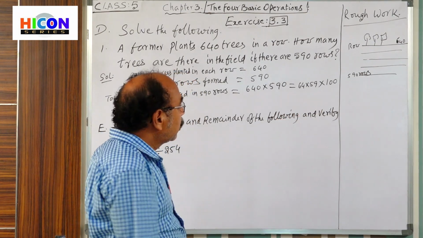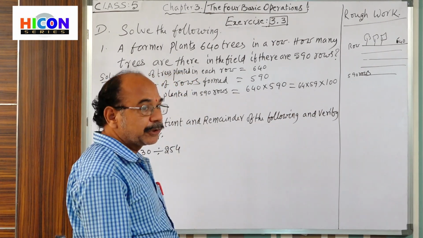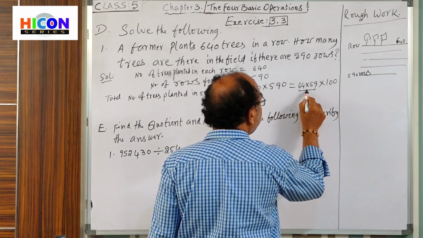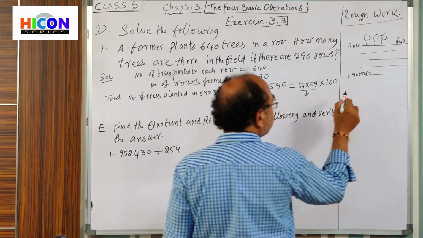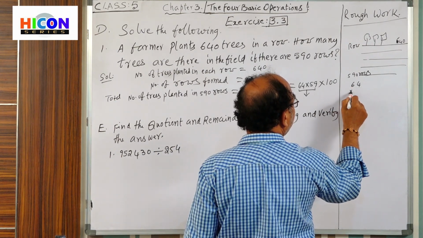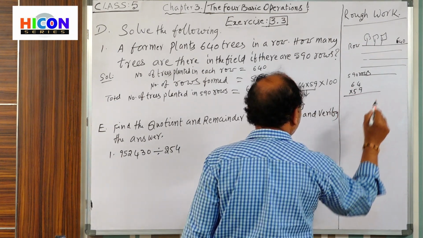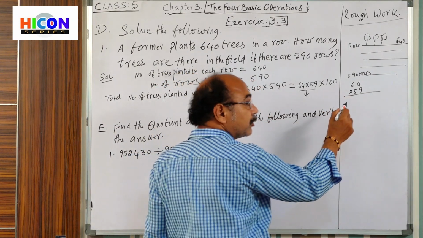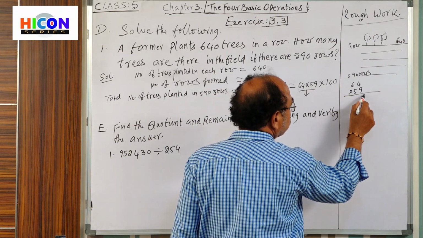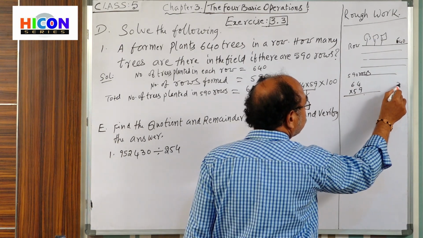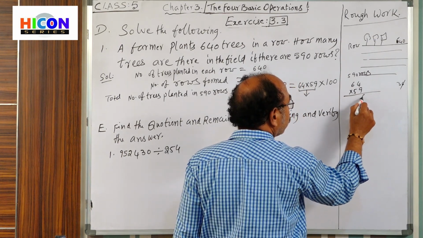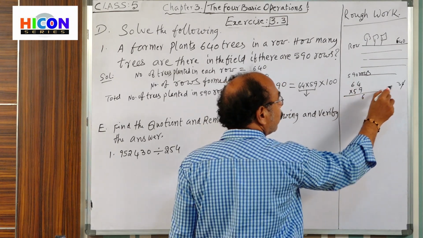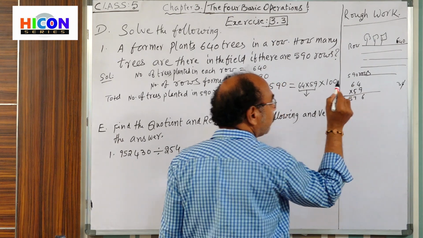Now here you show the multiplication. 64, 59. 64 into 59 gives how much? First multiply with 9. 9 fours are 36. 6 is taken, 3 is carried. 9 sixes are 54. 54 plus 3, 57.